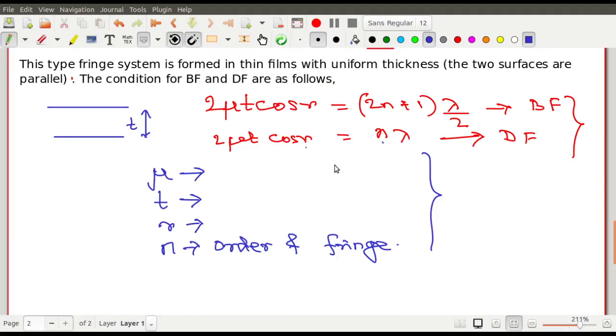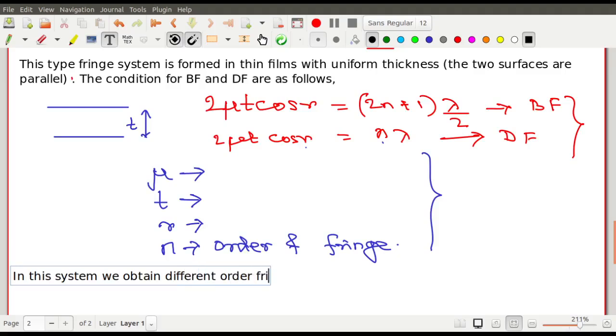So let us write it next. So in this system we obtain different order fringes, meaning the n value is different.